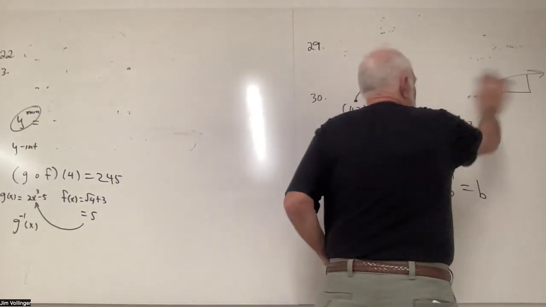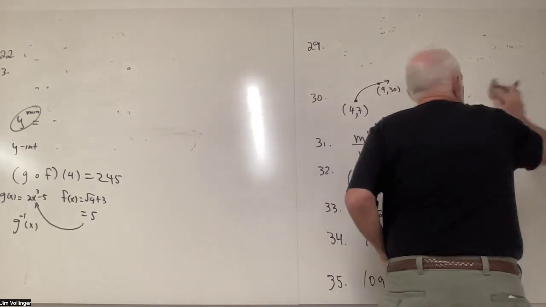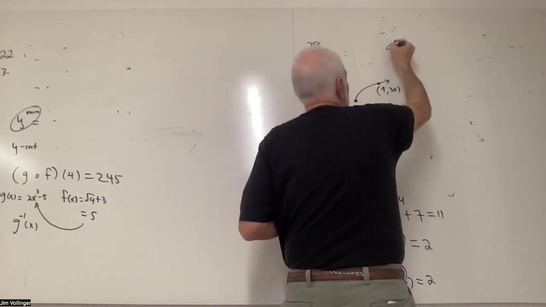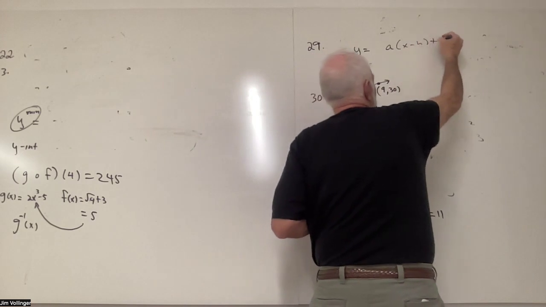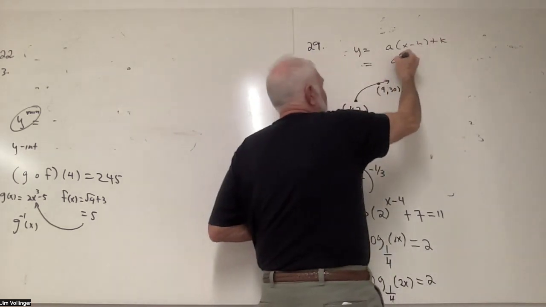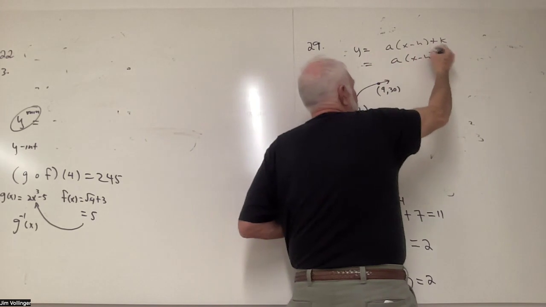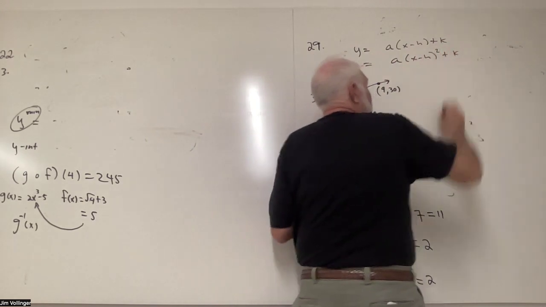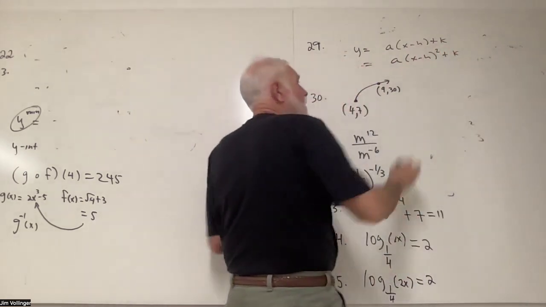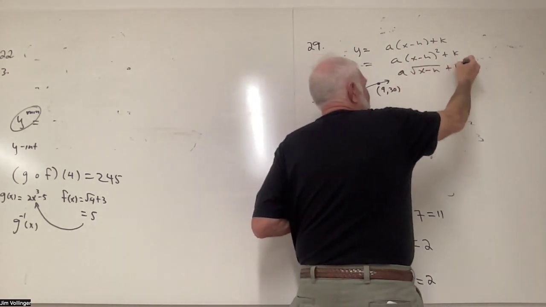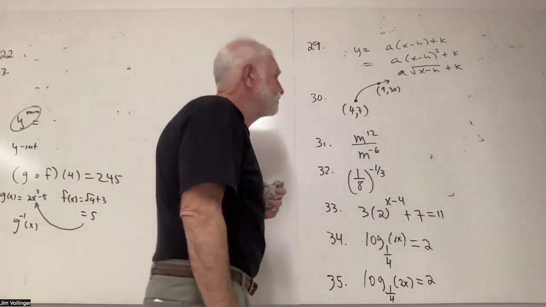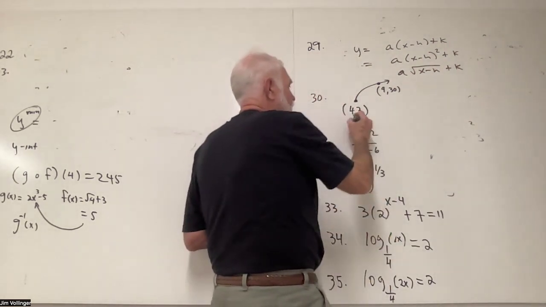So we have so far linear y equals a(x minus h) plus k. We've got quadratic a(x minus h) squared plus k. Any ideas what the square root's going to be? I hope you say we have a square root of x minus h plus k, and you'd be right. So what's hk?